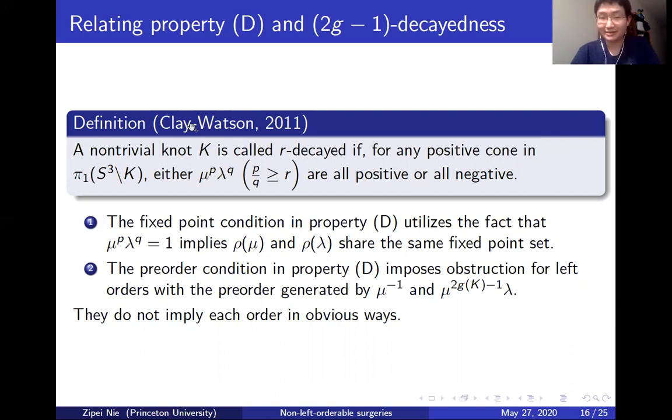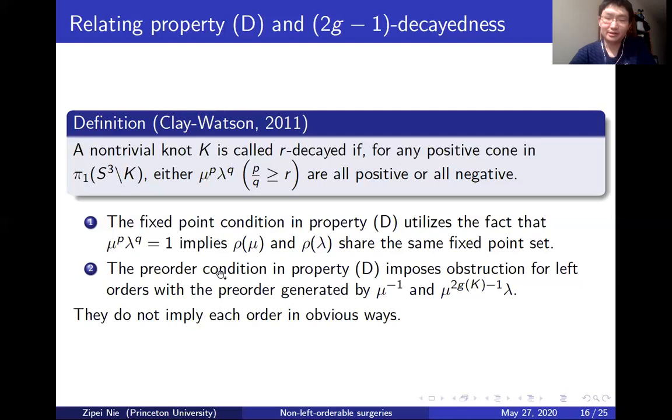While in Clay-Watson's definition of decayedness, they only use the fact that, say, mu to the p's power times lambda to the q's power is positive, and mu is positive, then they conclude that any mu to the p0's power times lambda to the q0's power, where p0 over q0 is greater than or equal to p over q, is also positive. So the fixed point condition here is really something special we used in the dense surgery.